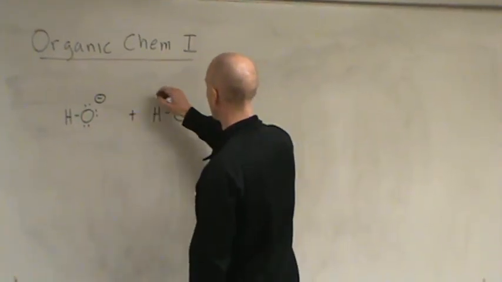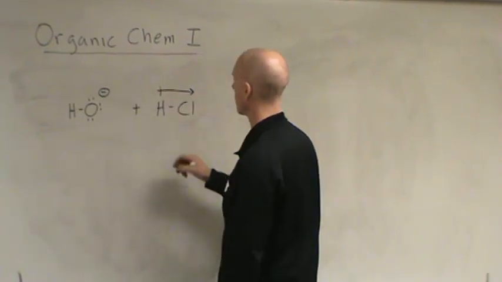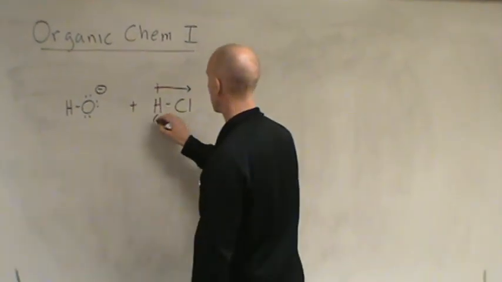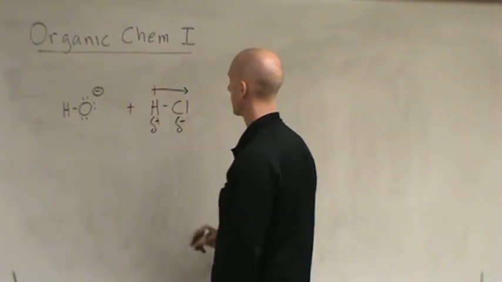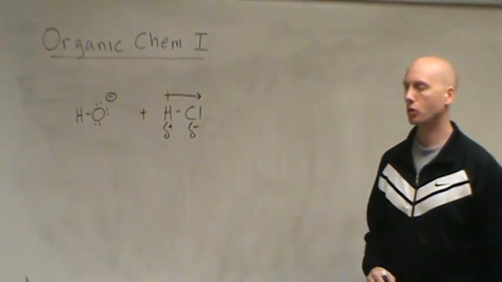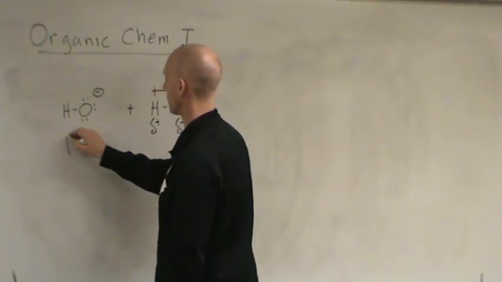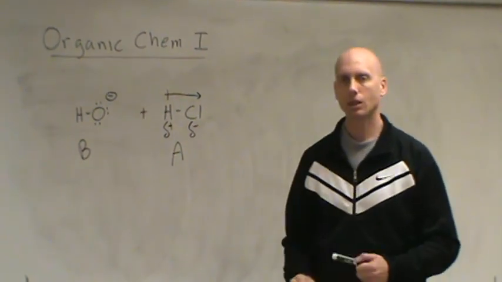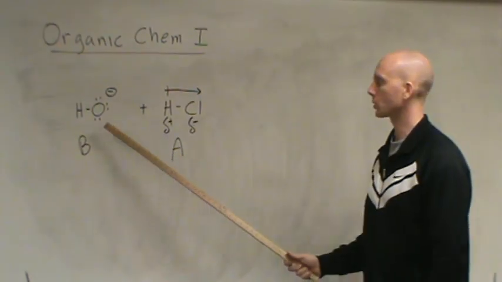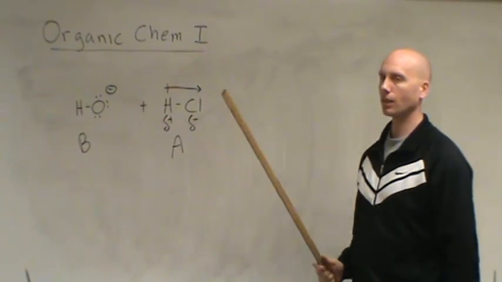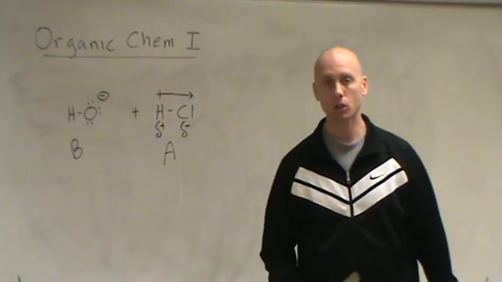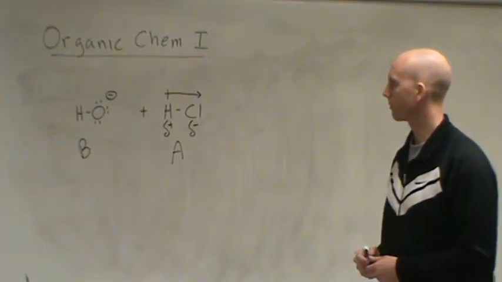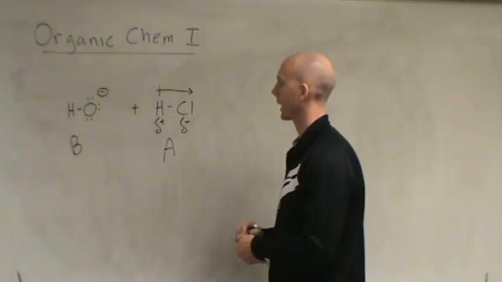Why is that? It's because of this strong dipole moment between hydrogen and chlorine to give these partial charges. So this thing here will be the base, and that will be the acid. You can see I made the base very obvious with these lone pair and even with a negative charge. So if I see a negative charge, it's also going to be a very big tip-off that that will be the base. So how will these things react?